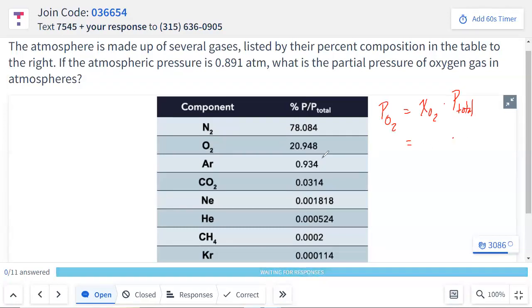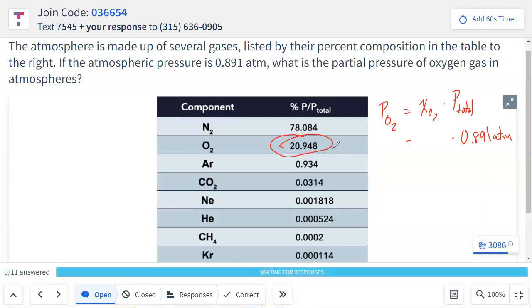The total pressure we were given is 0.891 atmospheres. The mole fraction comes from this value right here. We're told that the fractional percent of oxygen is 20.948%.